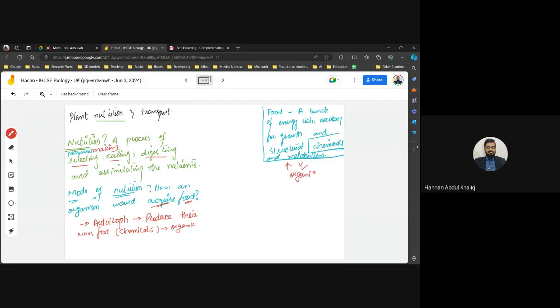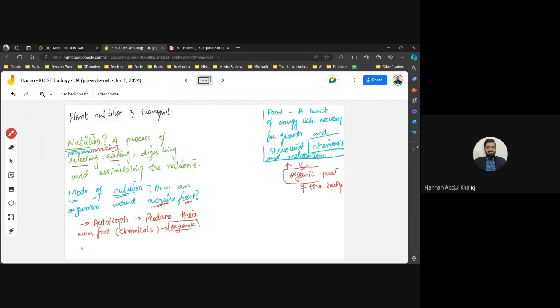Remember that the food we mostly talk about is the organic part of the body, not inorganic. So autotrophs can make their own organic food.